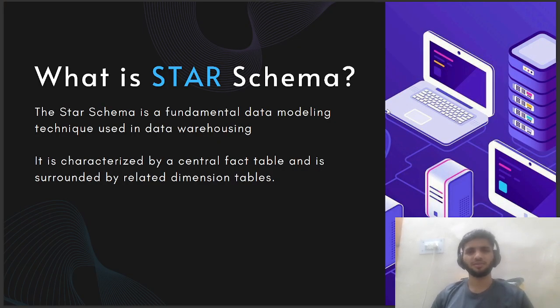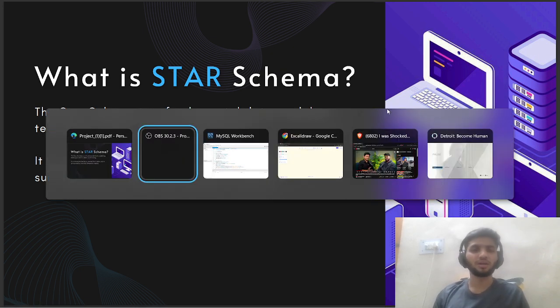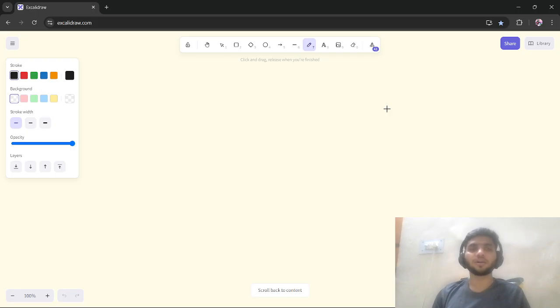What is a star schema? It is a fundamental data modeling technique used in databases. It is characterized by a central fact table surrounded by relevant dimension tables. Let us see through Excel how we are going to use a star schema.